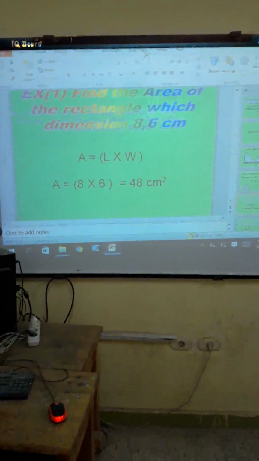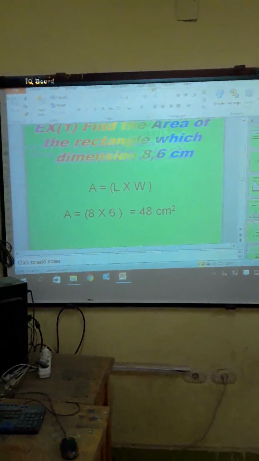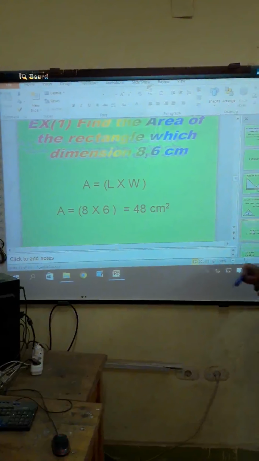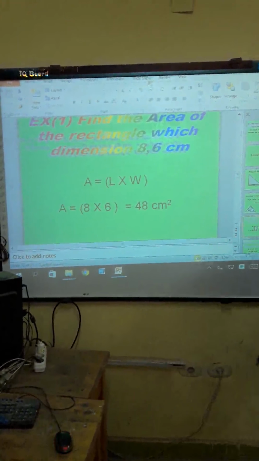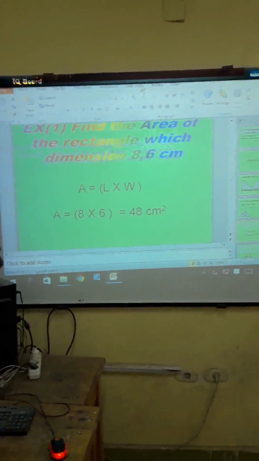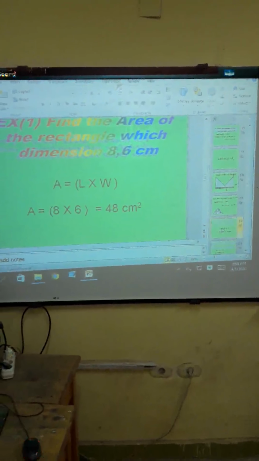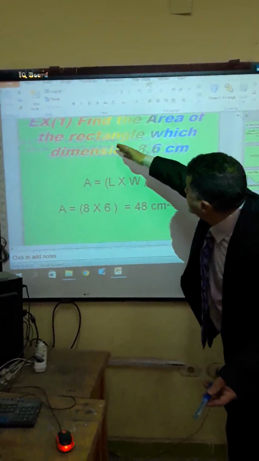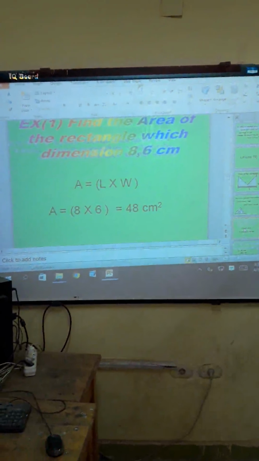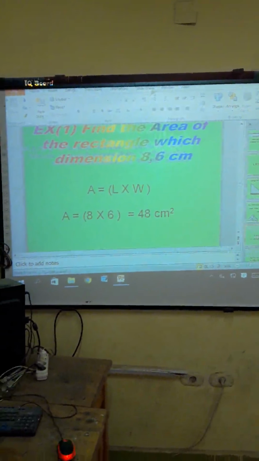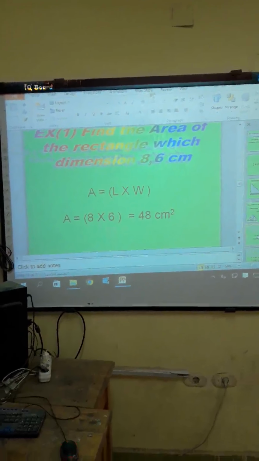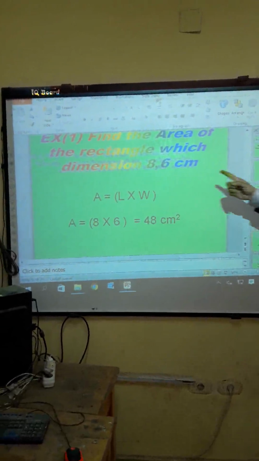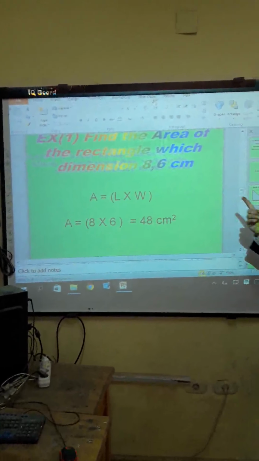Find the area of a rectangle whose length and width are 2 dimensions. You say that area equals length times width. I can't say which is length or width. The 2 dimensions mean length and width. Any number can be the length and the other is the width.